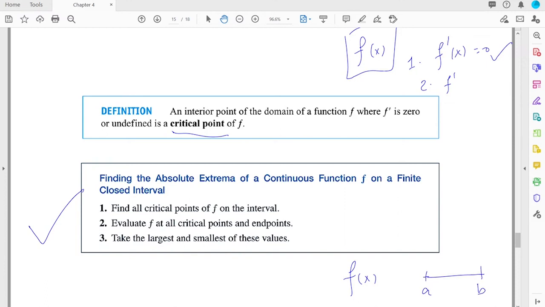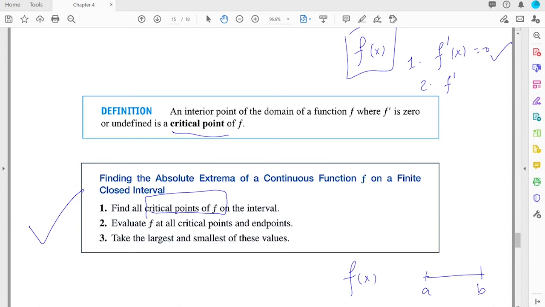Then to find the absolute maximum value or absolute minimum value, what we need to do is first find all the critical points. We can find all the critical points by finding the derivative of that function and equating it with 0.